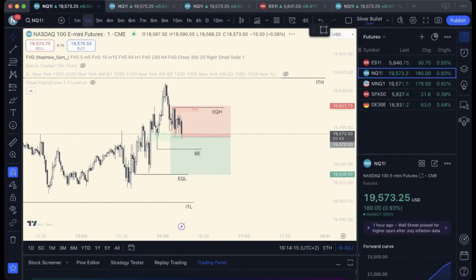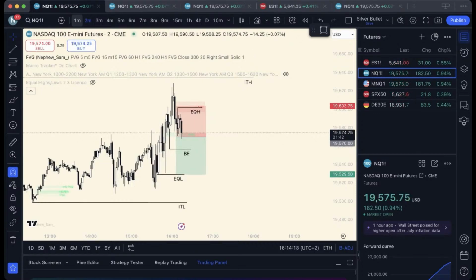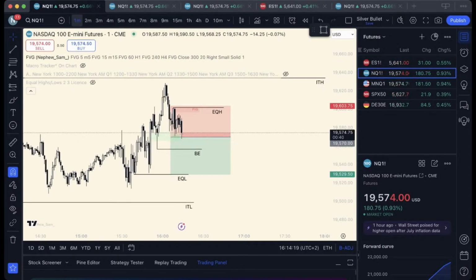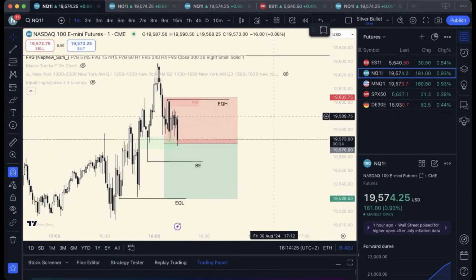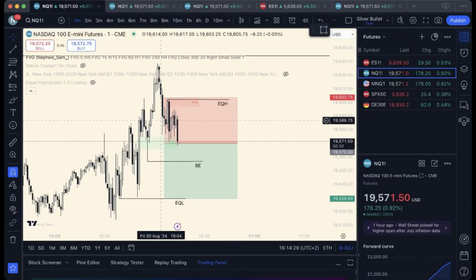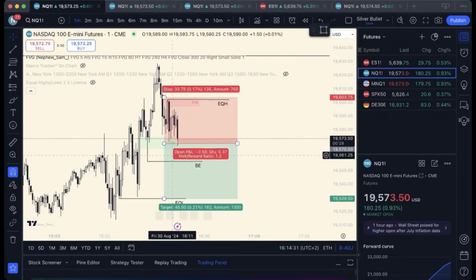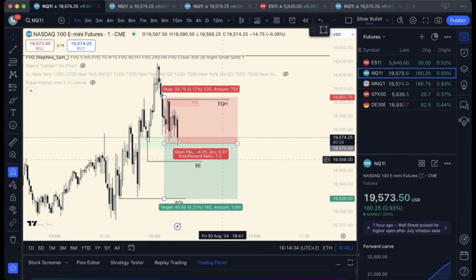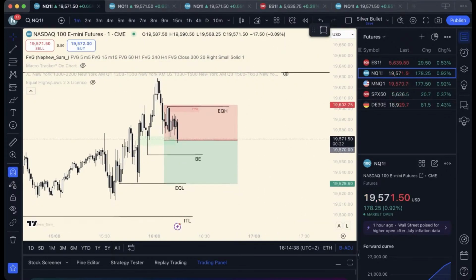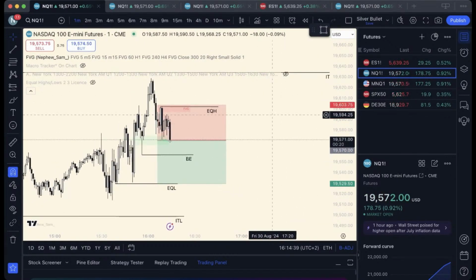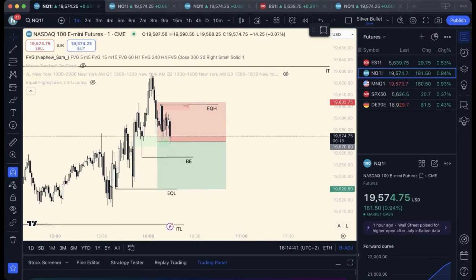Nice flush down. I heard some sub taking the trade with the 1 minute, but I would definitely go break even now because of the equal highs above. You just want to be flushed down.